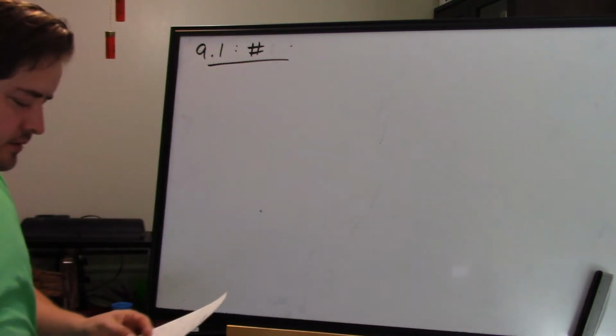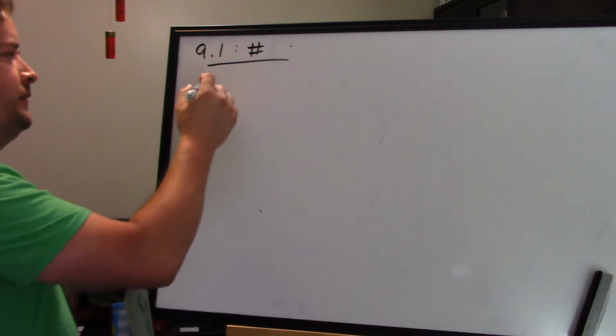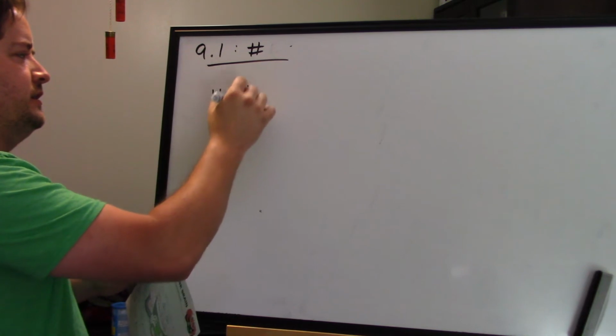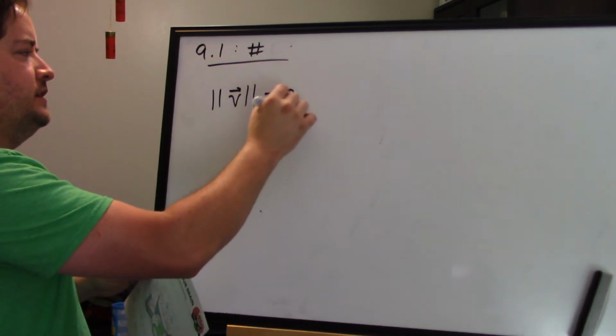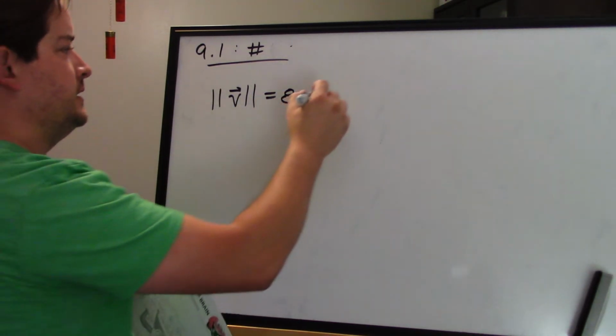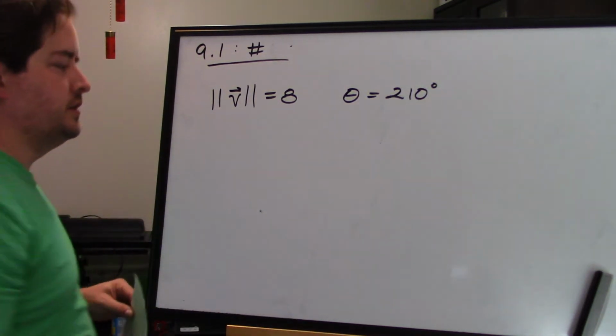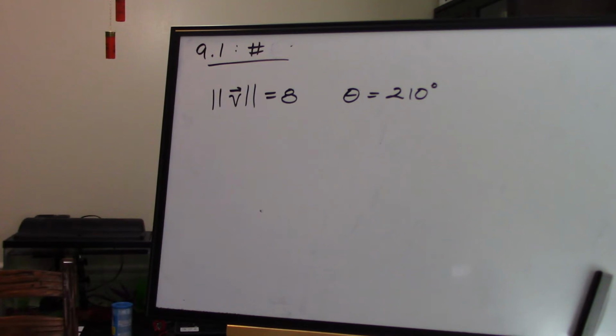The next one was number 14. Number 14 is that we have some vector whose magnitude is 8 and has an angle, theta, of 210 degrees. And the question was to find that vector.